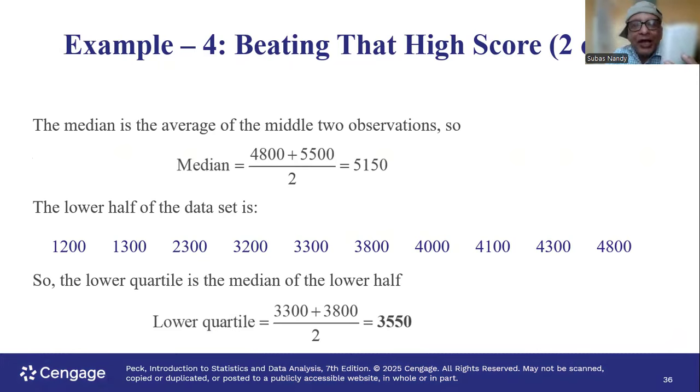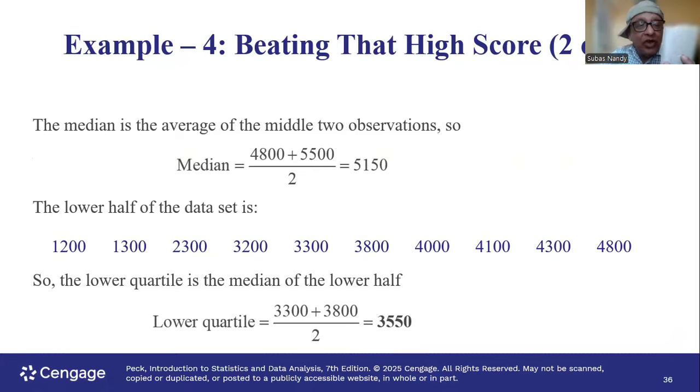6150 minus Q1, which is 3550, will give us the interquartile range, which is 2600. Q3 minus Q1. Okay, 2600. Q3 is 6150.